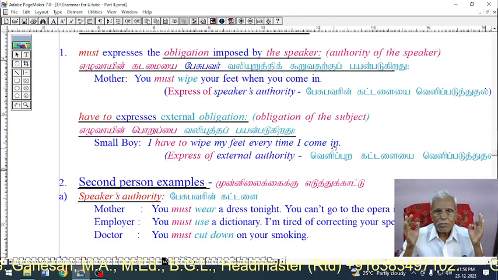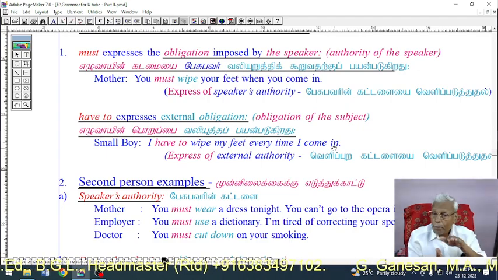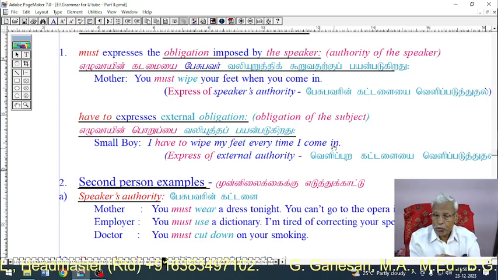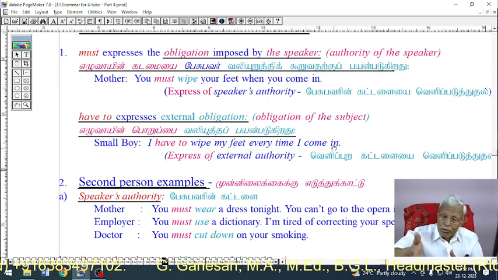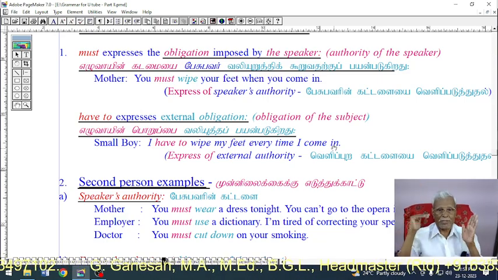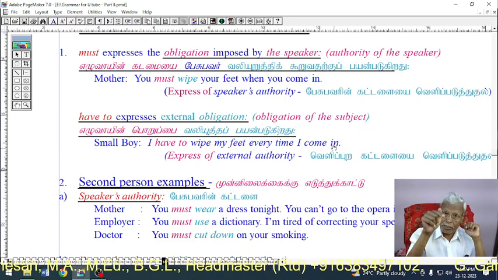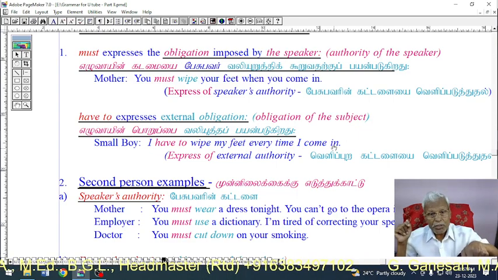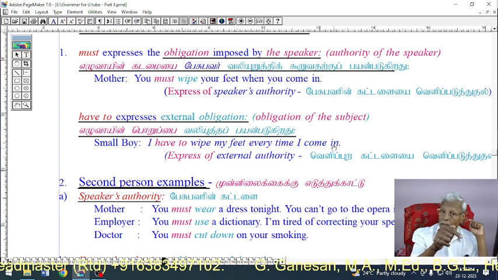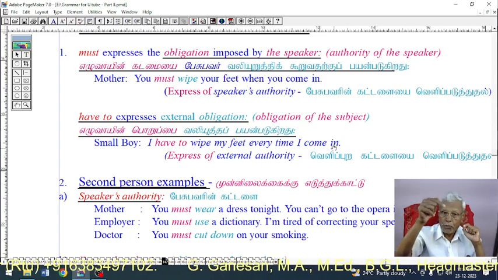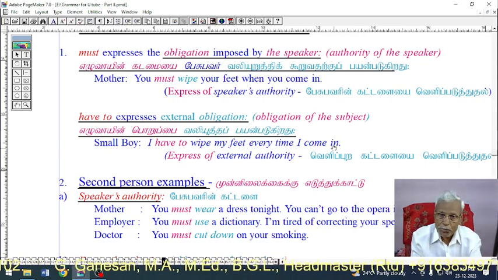So, my dear students, simply bear it in mind. Must is used to express the obligation of the subject imposed by the speaker. The speaker stresses, you must do it. That is, it is the authority of the speaker.